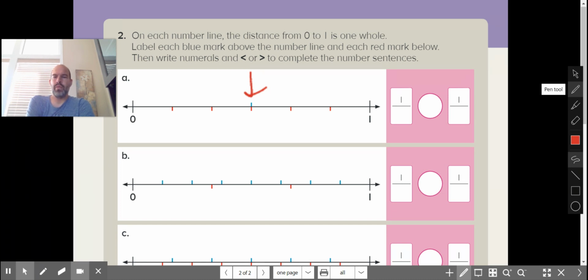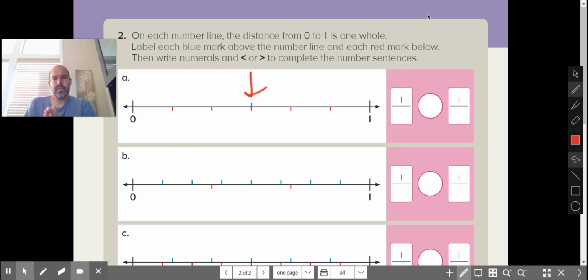Then write numerals and less than or greater than to complete the sentences. All right. So you get to decide which fraction you're going to write first. All right. However you decide to do that.